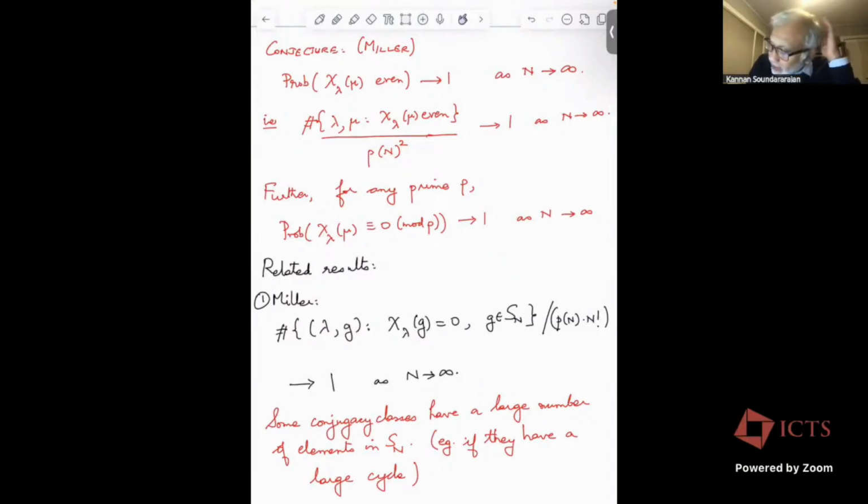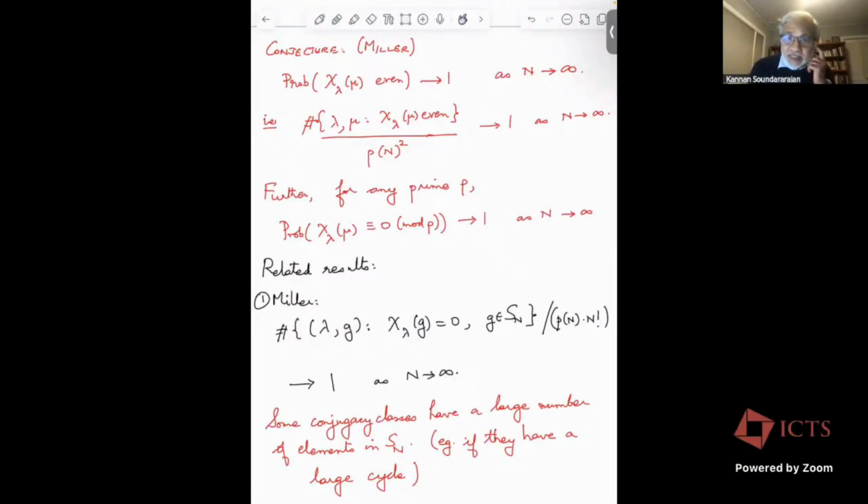And I'll try to explain that there's a familiar problem in analytic number theory, which this is related to, which has to do with smooth numbers. And that's kind of behind this particular version of the result. It has to do with the fact that there are lots of n cycles.